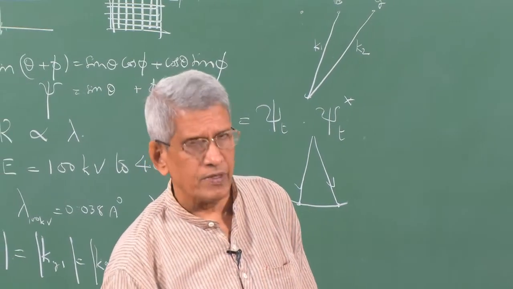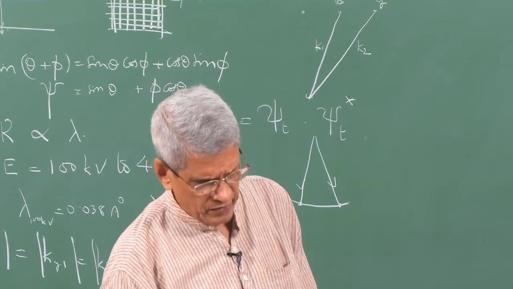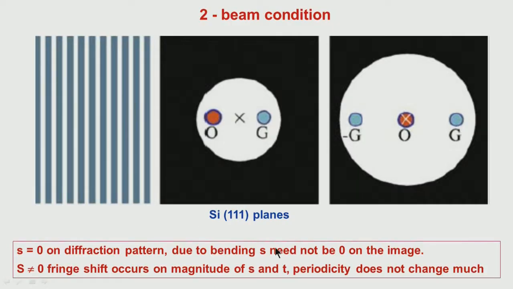Or the sample itself is bent a little bit, because of which the deviation from the Bragg angle need not be 0 everywhere on the image. But this variation is only going to make some shifts in the fringe; it does not affect the periodicity much. That is what one should remember.